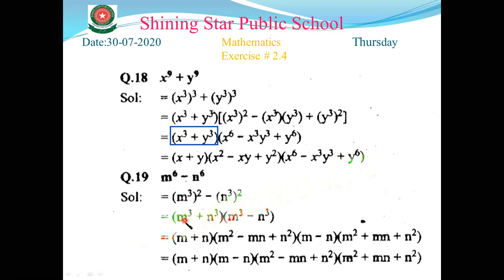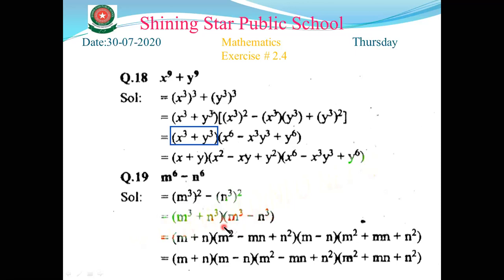First we write m cube plus n cube, which is a plus b, and now a minus b. Here m cube plus n cube means a cube plus b cube, and here we see a cube minus b cube.